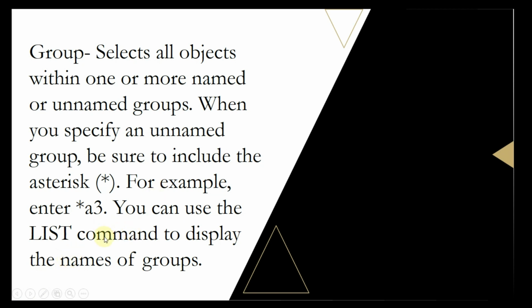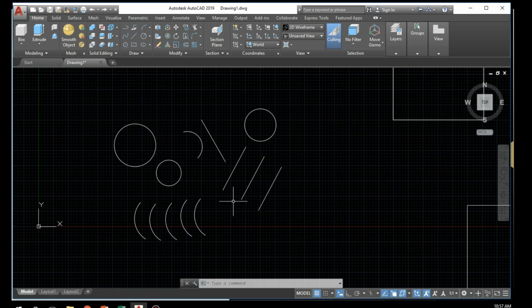Ay, hindi lumabas. Sorry. Okay, so ang gagawin natin is yung group. So, erase command ulit. Then, type in group. Mali spelling. Group. Ayan. Then, enter. Then, select specify, group nga. Then, specify point.